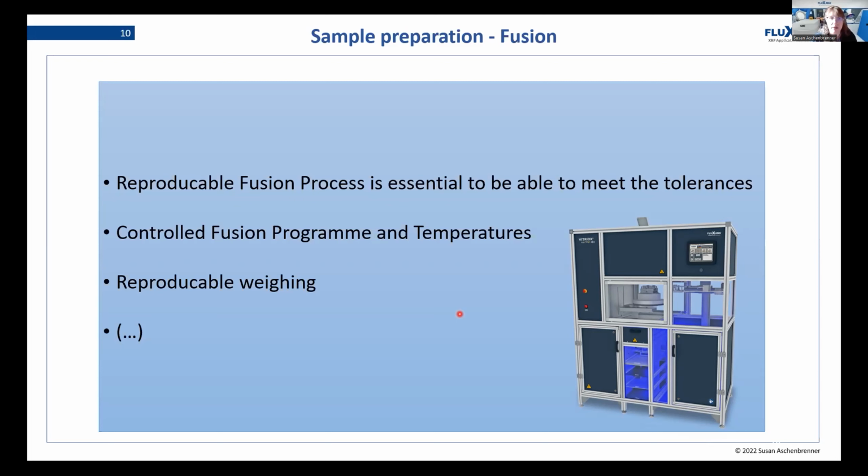So there's a lot of things you have to think about when it comes to sample preparation. In general, you can say that you try to do the least effort that you have to, but you still try to cancel all systematic errors that you can.